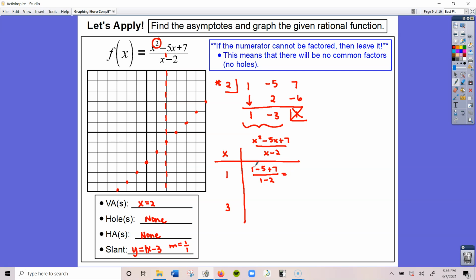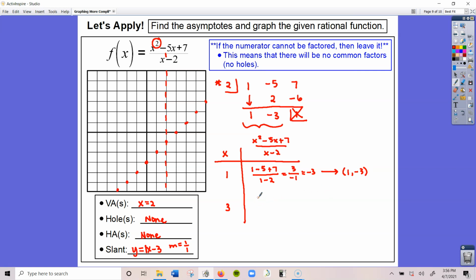When we work this out, we get 1 minus 5, which is negative 4, plus 7 is 3, over 1 minus 2, which is negative 1. And 3 over negative 1 is negative 3. So we have a coordinate at (1, -3).